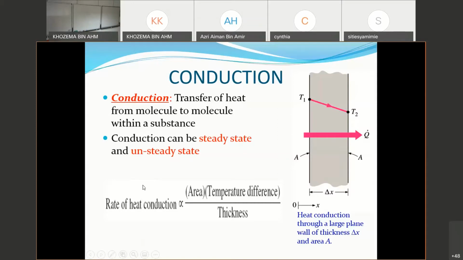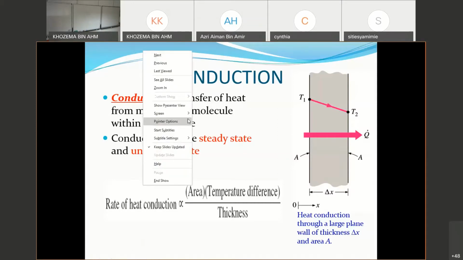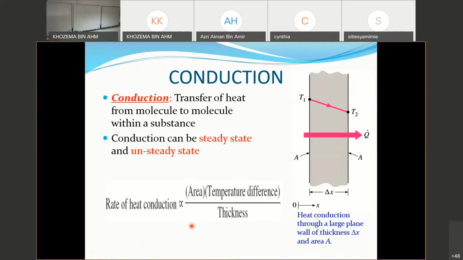So back in the day, Fourier discovered that the rate of heat transfer by conduction is proportional to the area perpendicular to the direction of heat transfer. It is proportional to the temperature difference, and it is inversely proportional to the thickness of heat transfer.